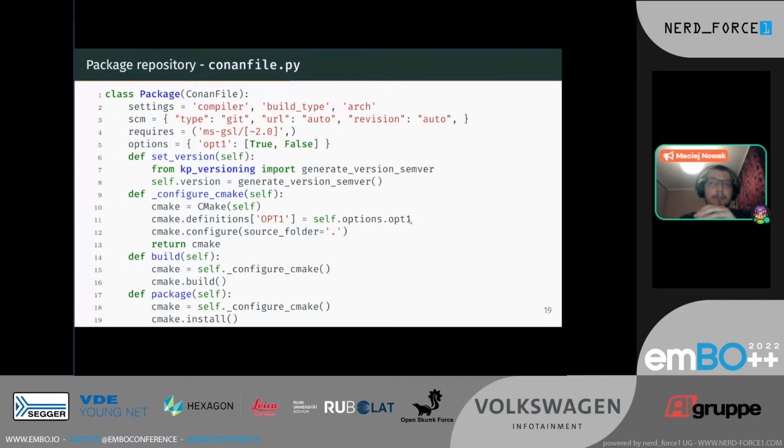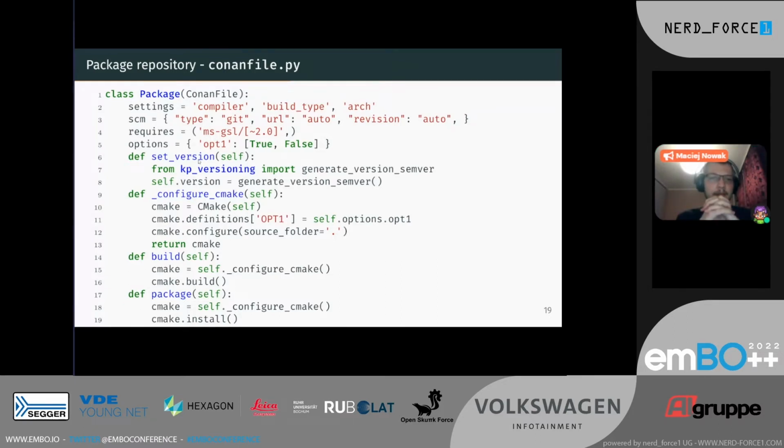So typically it's just passing Boolean values as options. When it comes to versioning, we are using set_version and a dynamic version generator, which is based on our different Python package that generates a version based on Git history. I will talk about it in a few slides.